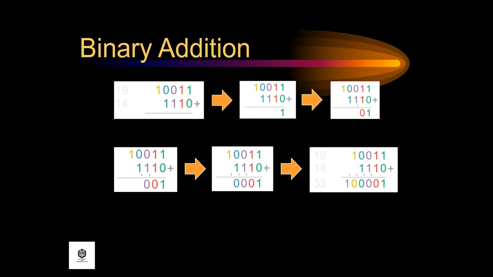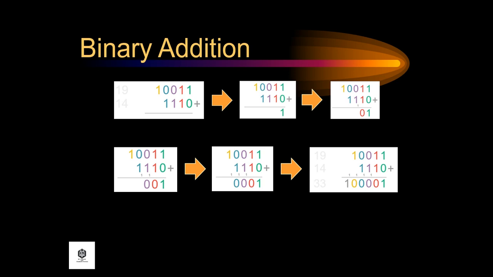1 plus 0 is equal to 1. 1 plus 1 is equal to 0, carry over 1. Then 0 plus 1 plus 1 is equal to 0, carry over 1. Then next, 0 plus 1 plus 1 is equal to 0, carry over 1.